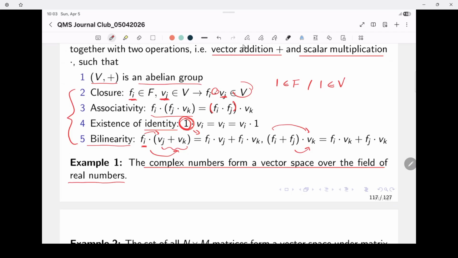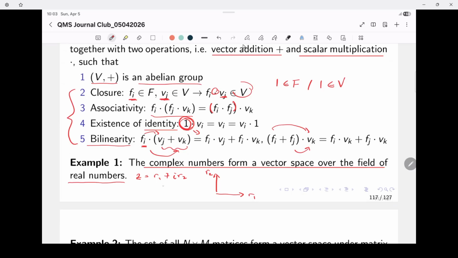So remember when we write a complex number, let's say Z, let's say we have R1 plus iR2. So usually how can we visualize this? We draw the Argand diagram, right? So that actually tries to tell you that your complex numbers form a vector space over the field of real numbers.